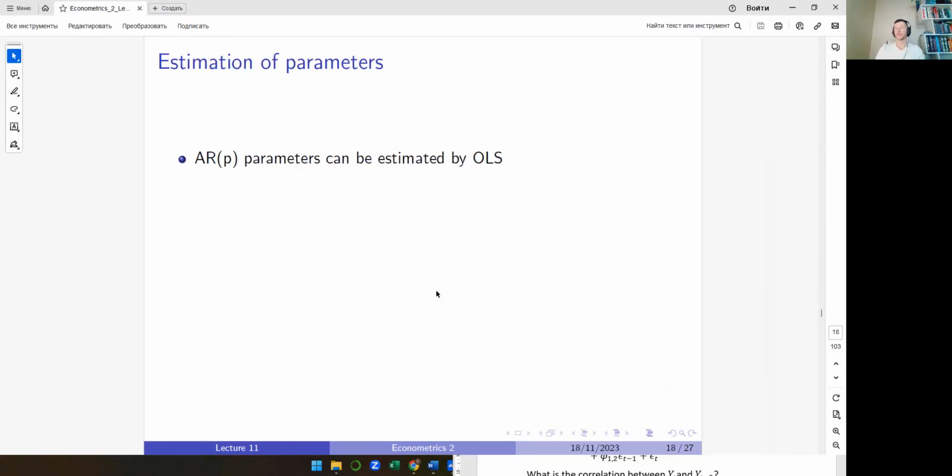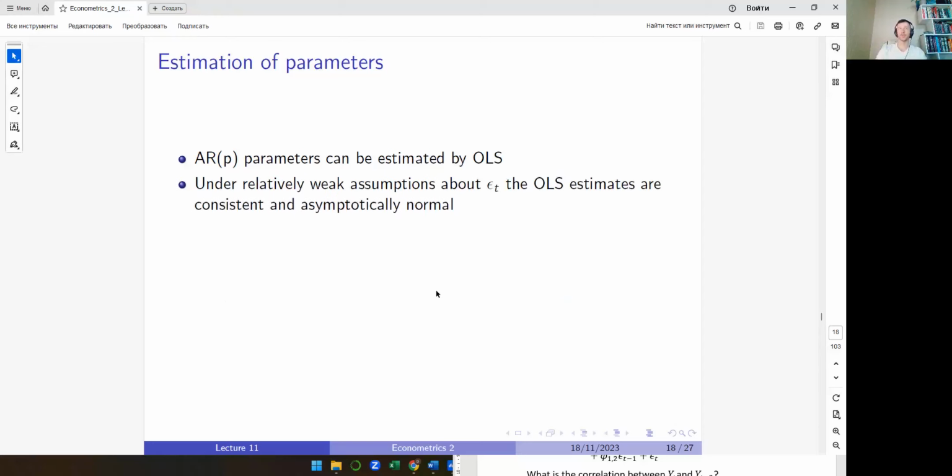Now, going to the estimation of parameters, the second part of the Box-Jenkins methodology. If we consider that we are working with an AR model, AR1 for example, we can estimate the parameters with the help of OLS. This is simple, and there are relatively weak assumptions under which OLS estimates are consistent and asymptotically normal.